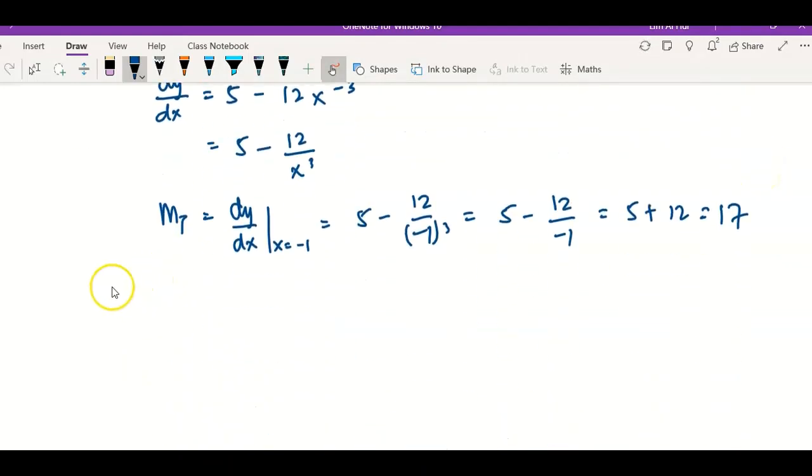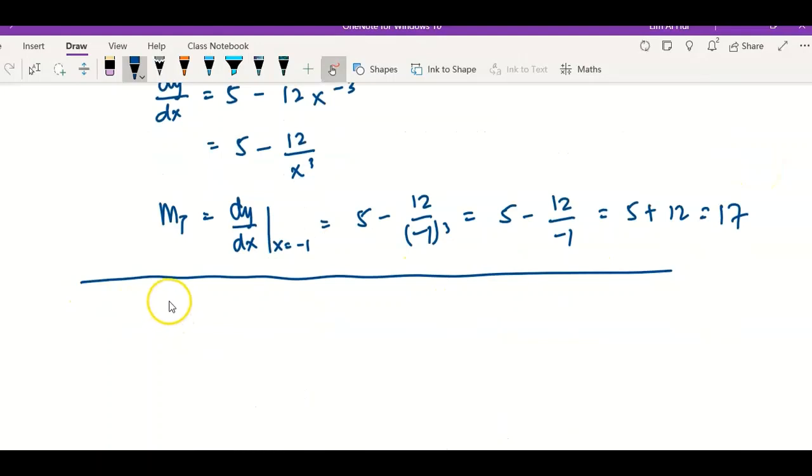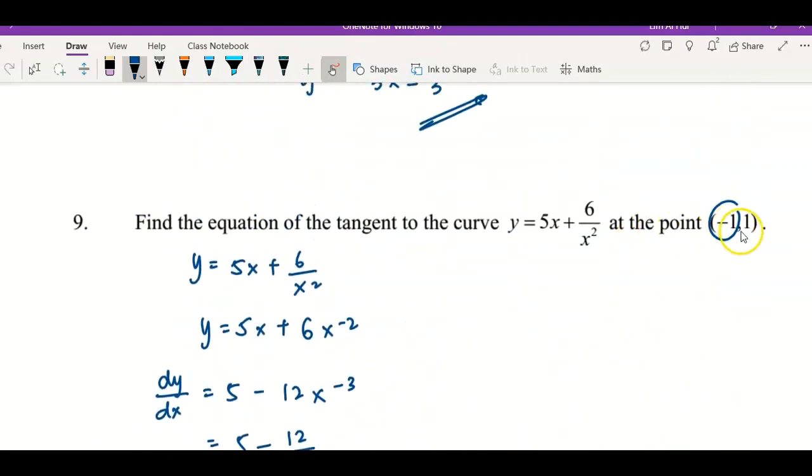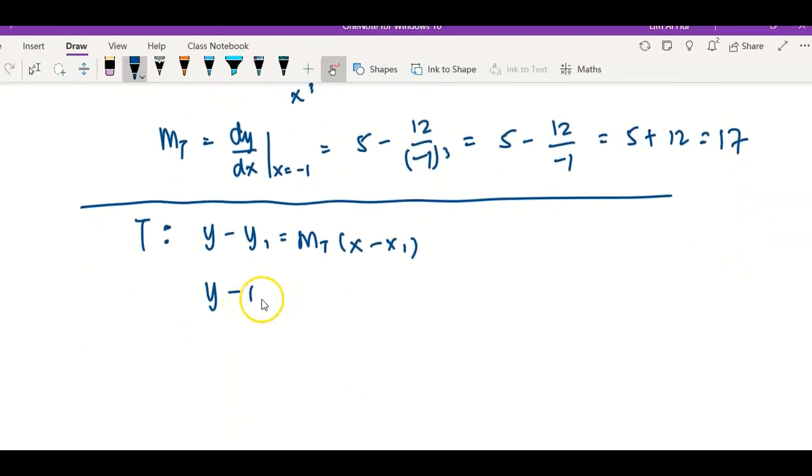So now to get the equation of the straight line, that is the equation of the tangent represented by t, I have the formula y minus y1 equals mt times (x minus x1), where y1 is substituted as 1, because the point has y equals 1. And mt, I got it as 17. The x is -1.